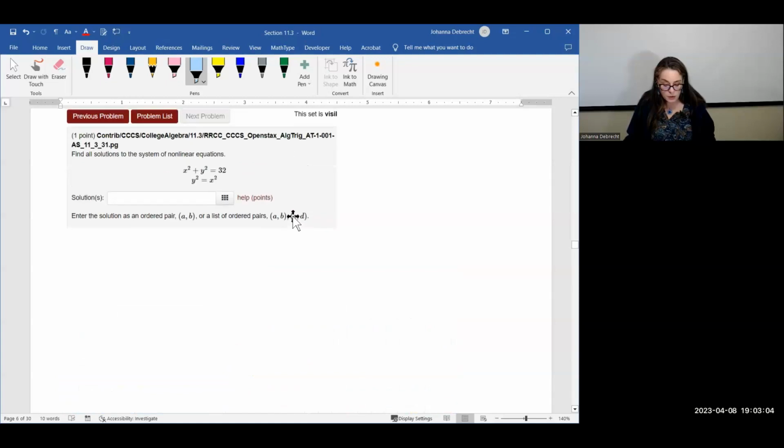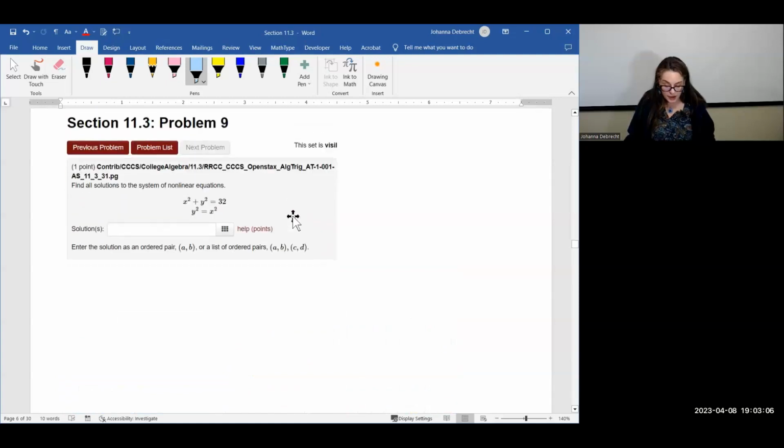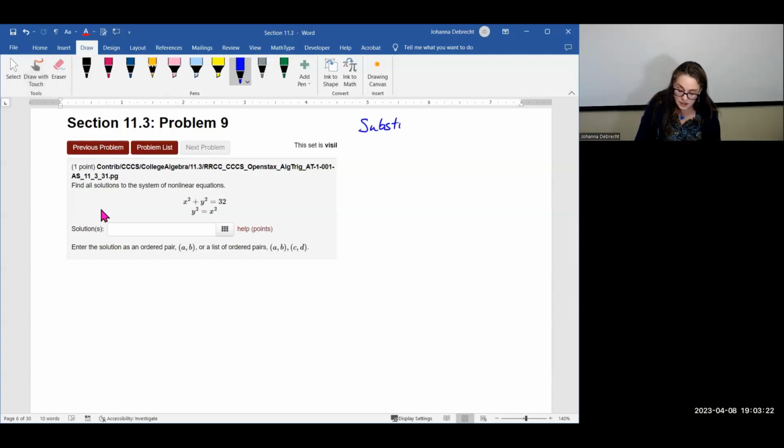So now we want to go ahead and solve this algebraically. We're going to do this one this time by substitution, and I'll also show you how you can do addition and elimination. Both will work in this particular case. If I do substitution, then I need to solve for one of the x squareds or y squareds.